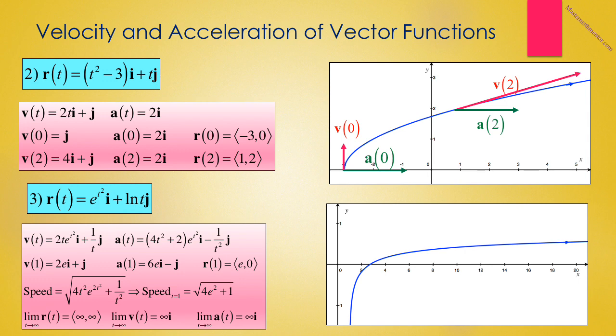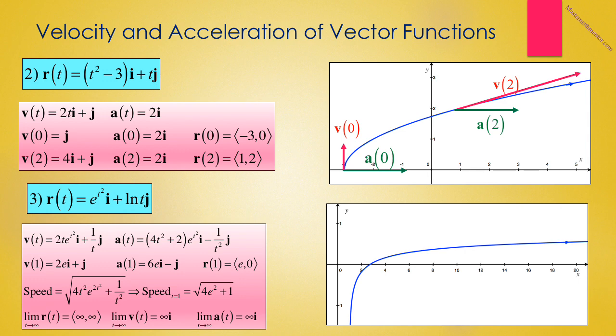Our speed is the square root of 4t squared e to the 2t squared plus 1 over t squared. So our speed, unlike the last problem, depends upon t. And at t equals 1, the speed will be the square root of 4e squared plus 1.